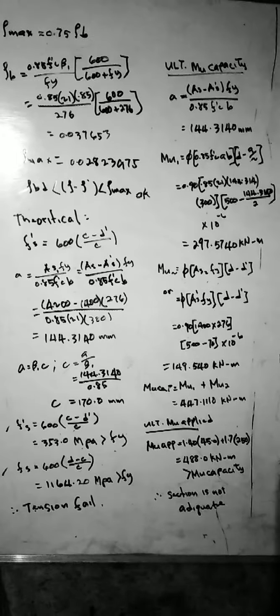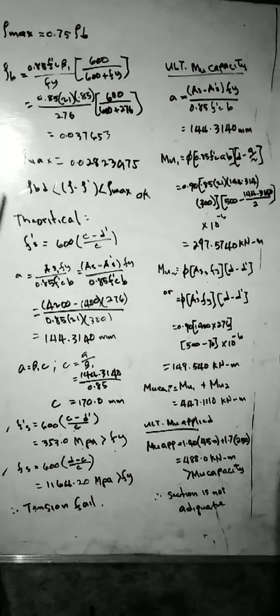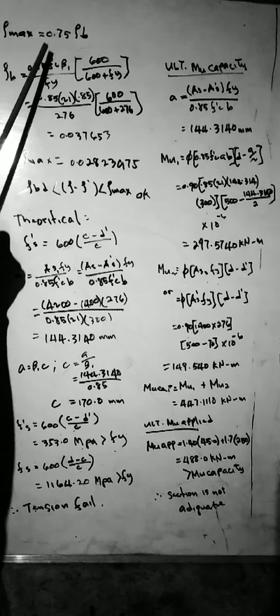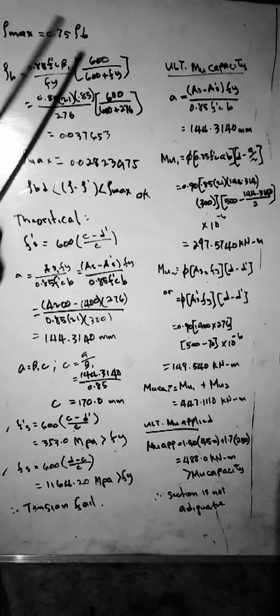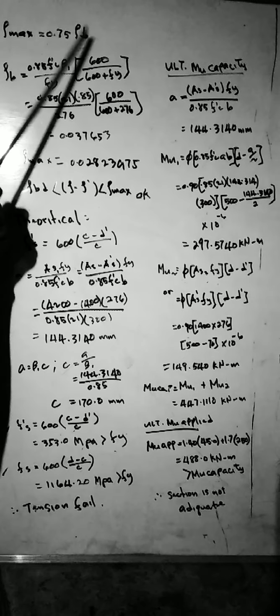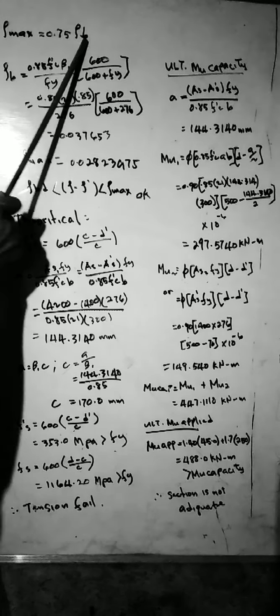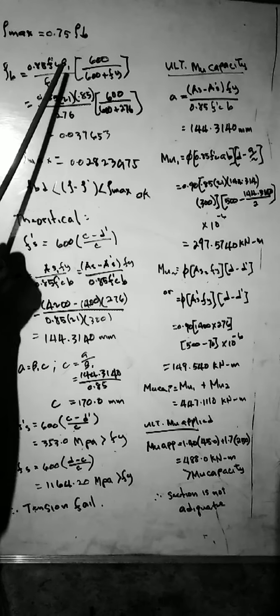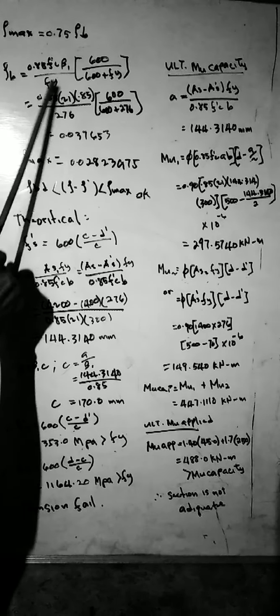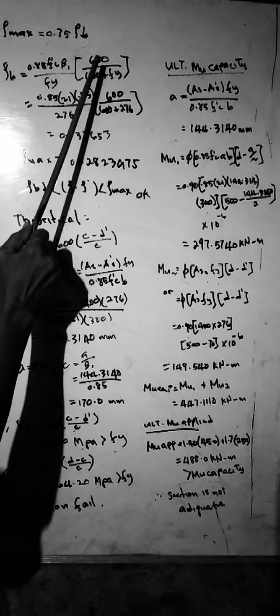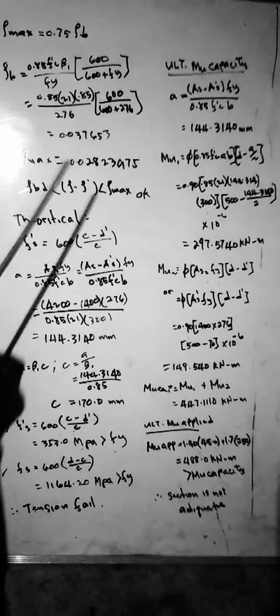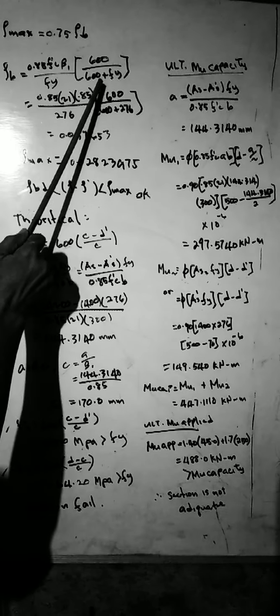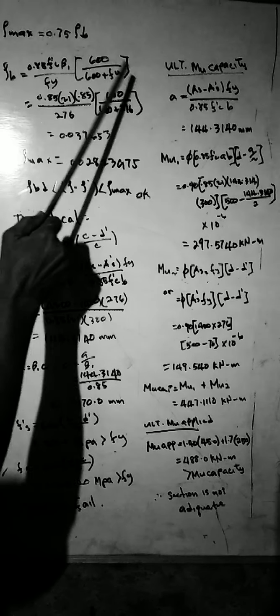Okay, next to compute is the value of rho maximum, which is 0.75 rho balance. So the rho balance, this is the formula: 0.85 f'c beta sub 1 over fy times this quantity 600 divided by 600 plus fy.